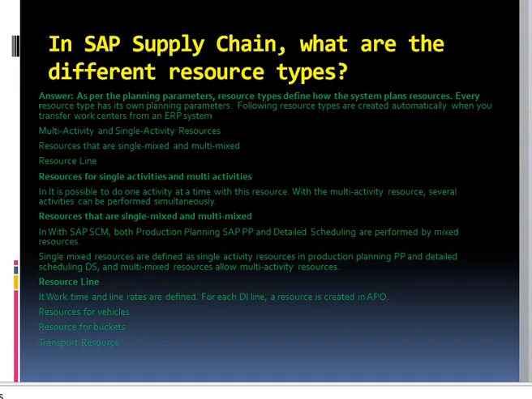Resources for single activities and multi-activities: it is possible to do one activity at a time with a single-activity resource. With a multi-activity resource, several activities can be performed simultaneously.